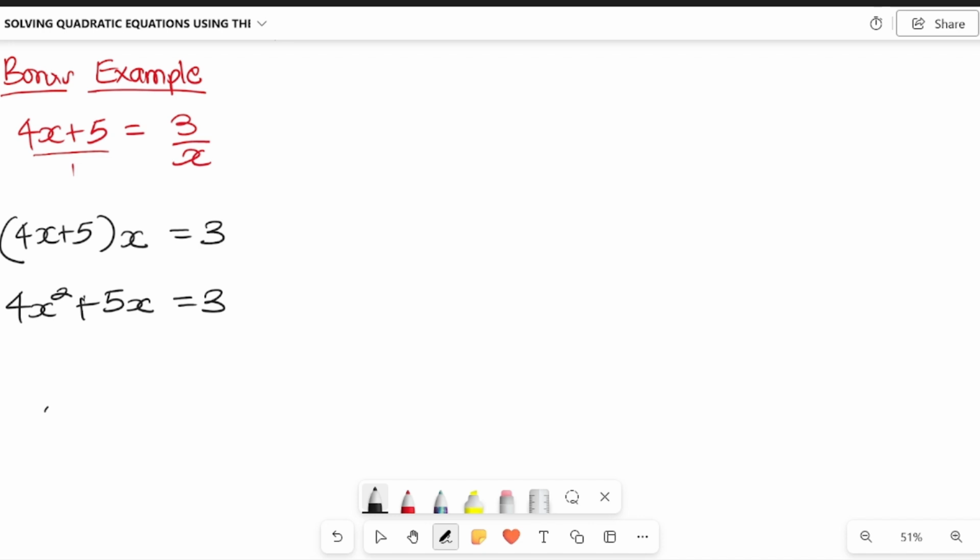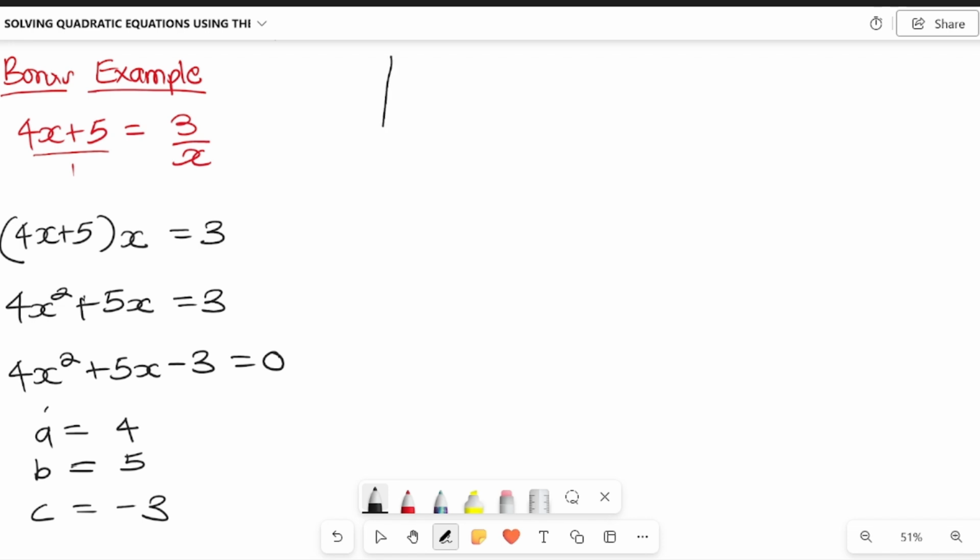And since we need to equate it to 0, we'll have 4x squared plus 5x minus 3 equals 0. Now at this stage, we know that a is equal to 4, b is equal to 5, and c equals negative 3.